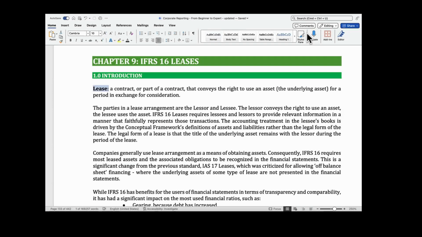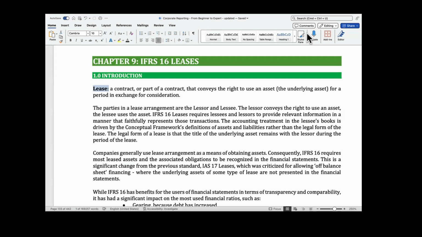But for us, in reporting, we call it lease. Whether you rent a building, whether you rent anything, or you have an asset under hire purchase, for reporting, we see everything as lease.